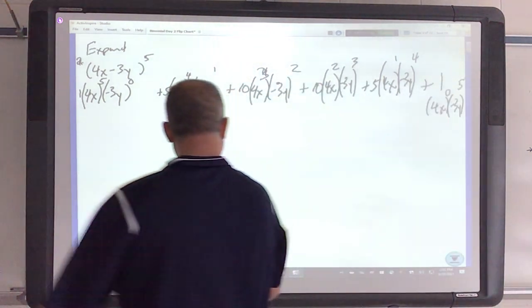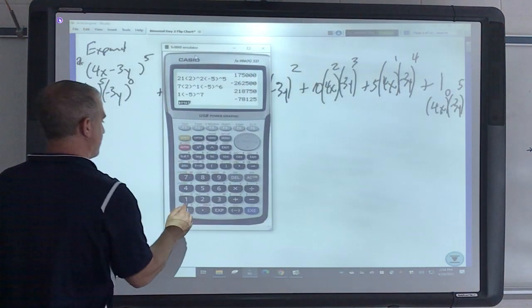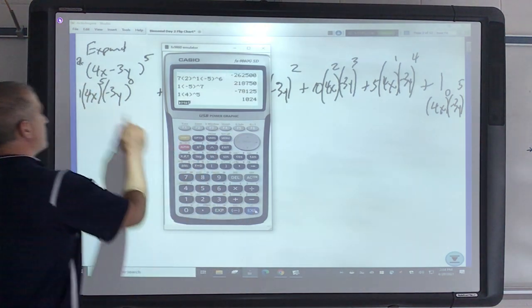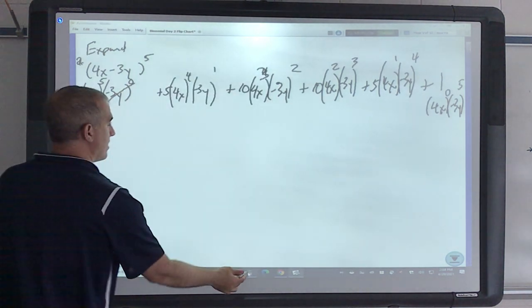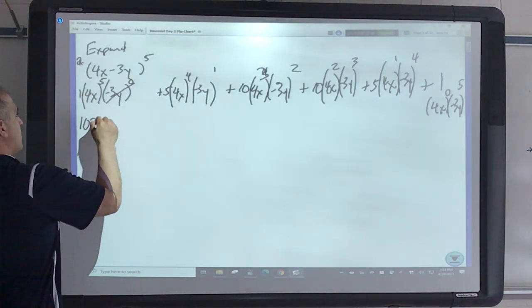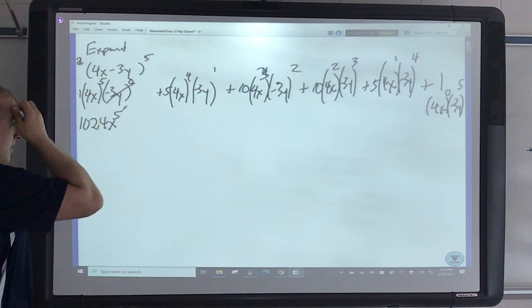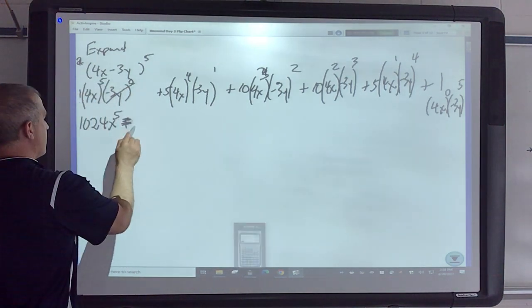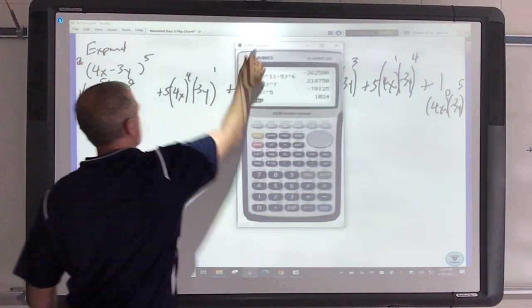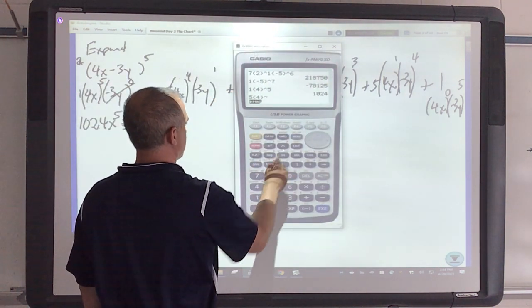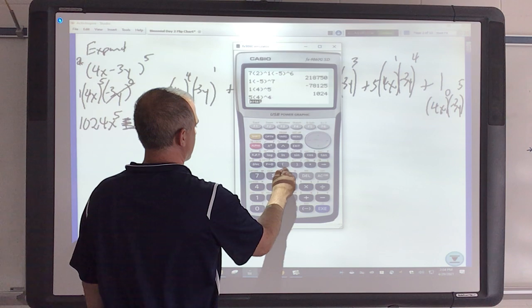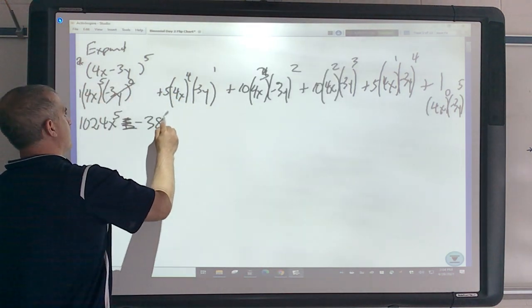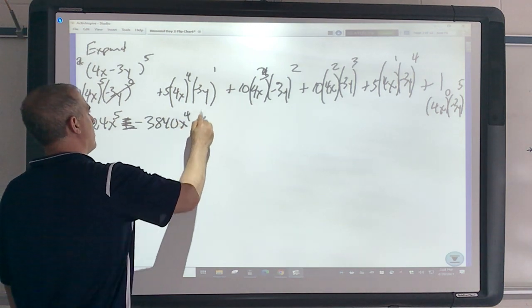So 1, 4 to the 5th. I know that this goes away here. So that's going to be 1024 x^5. Now 5, 4 to the 4th, negative 3 to the 1st, negative 3,840 x^4 y^1.